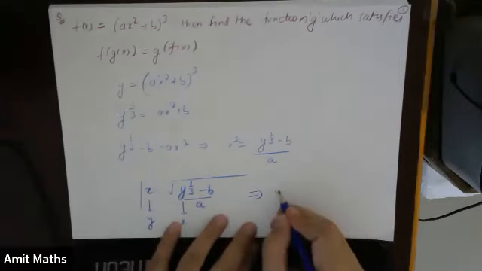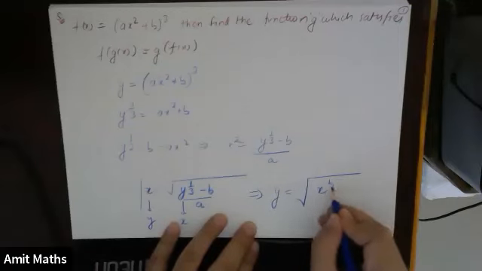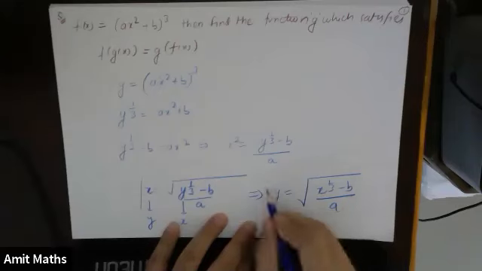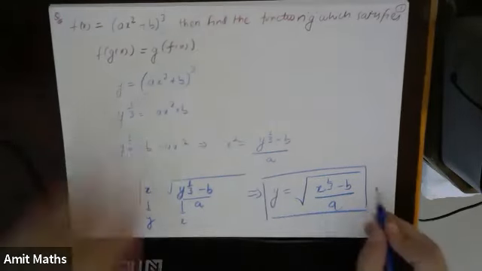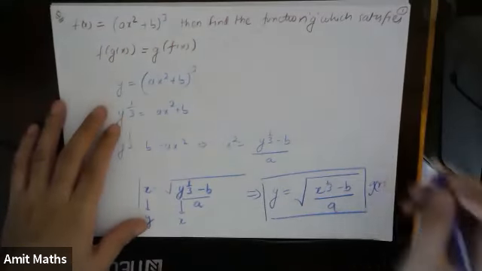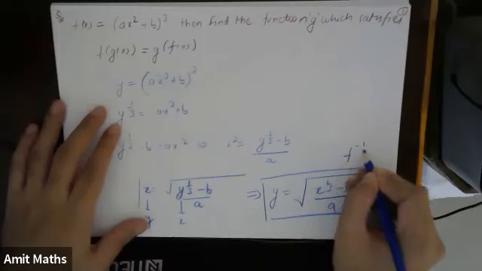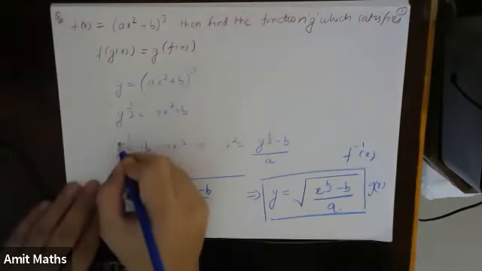So this will become y is equal to under the root of (x to the power 1 by 3 minus b) by a. Okay, so this is that function g of x, which is basically the inverse of function f of x. This g of x can also be written as f inverse of x. Just check this and we'll move on to the next one.